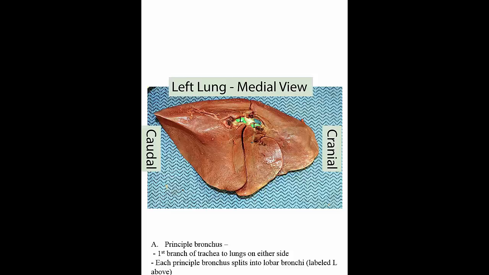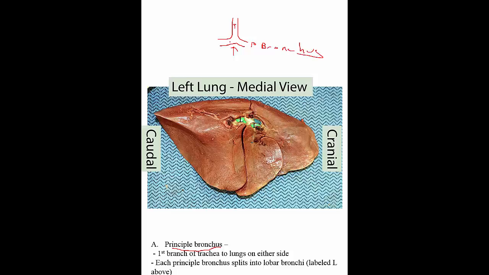Some other concepts about the medial surface of the lung. You should be aware what the principal bronchus is. That's the first branch. As the trachea comes down, we'll talk about this more later, the trachea comes basically from the mouth going to the lungs, and there's a bifurcation. So this is the trachea, and it bifurcates. This is referred to as the principal bronchus, as it bifurcates and goes to the right and left side to supply the lung.